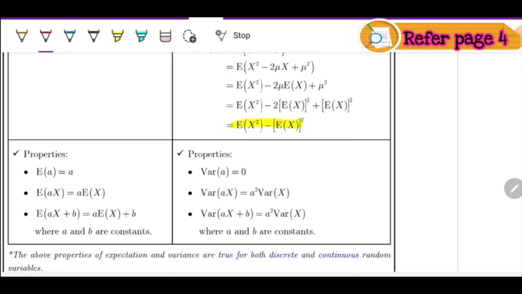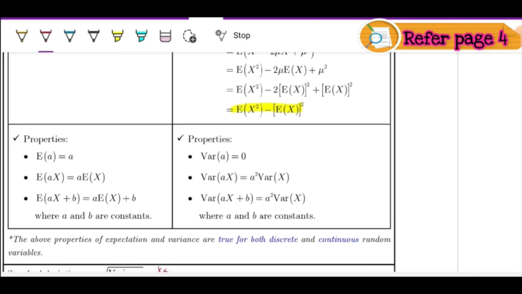There are 6 properties for expectation and variance. The first one is expectation of a equals a, where a is a constant. It means the expectation of a constant is the constant itself. For example, expectation of 10 is equal to 10.